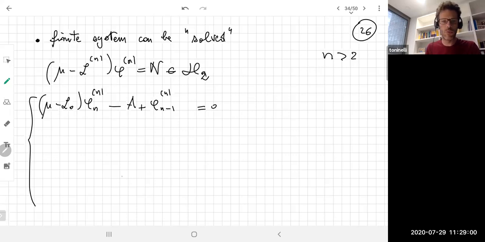The a minus will not act because to give something on the nth chaos, it should act on the n plus 1th, but there is this projection which kills that part. So this is the first equation starting from the highest chaos.